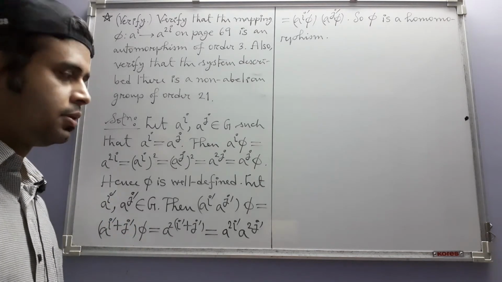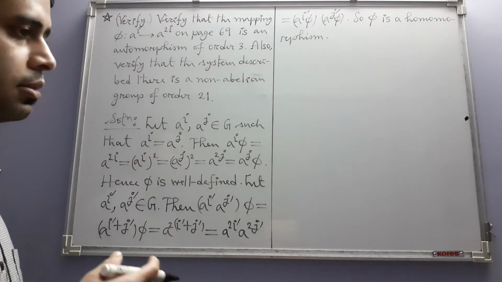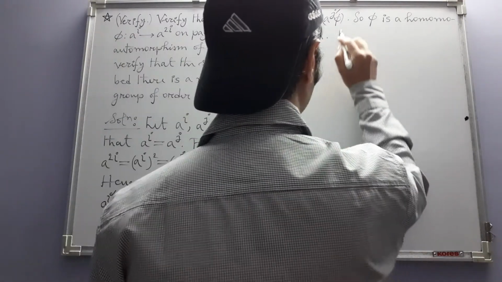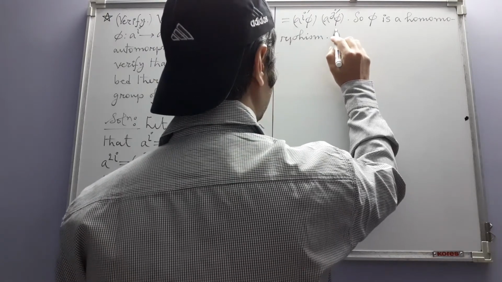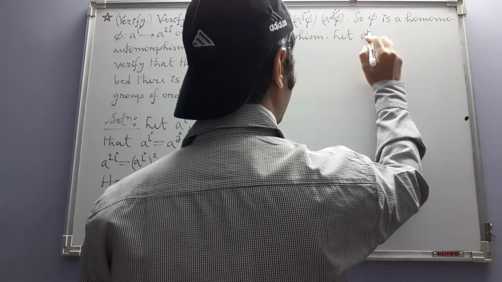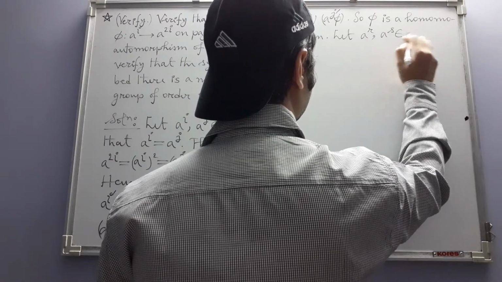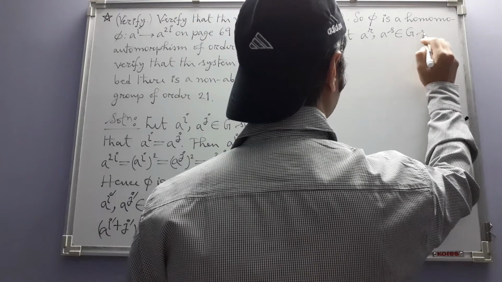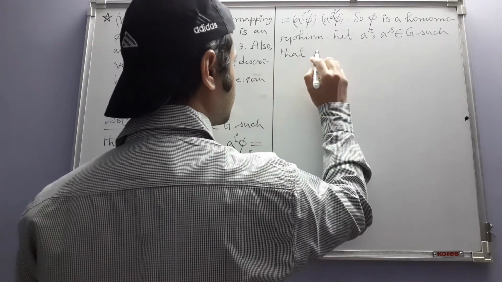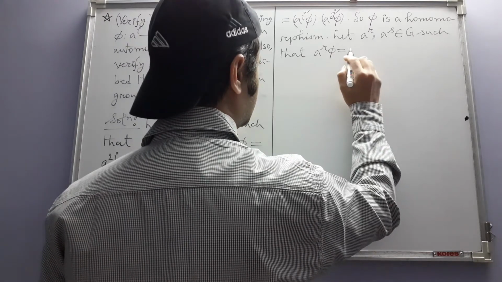Let us next show that phi is 1 to 1, because we need to show that it's an automorphism. Now that we have shown it's a homomorphism, what's left for us to show are that phi is 1 to 1 and onto. So let's show 1 to 1ness first. Suppose a^r and a^s belong to G such that their phi images are equal.